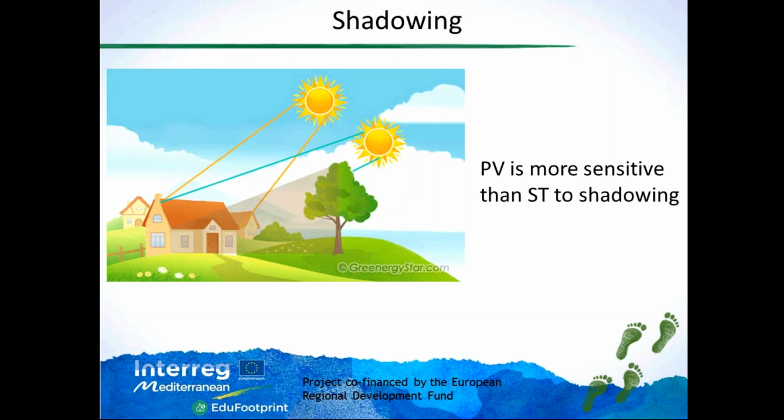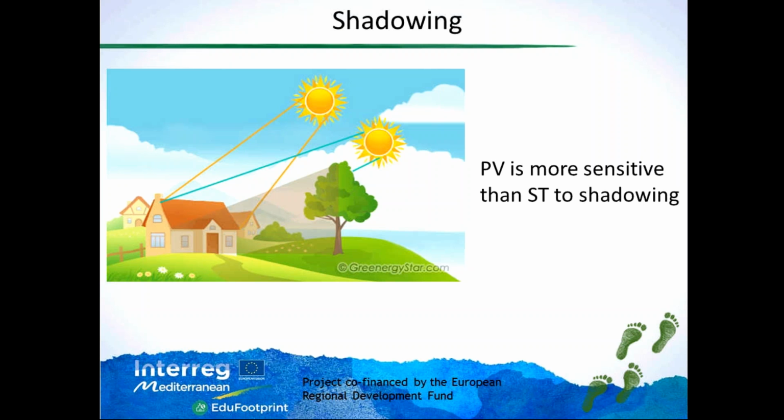And then we have to say a very important thing, which is the first difference between the technologies we are analyzing today, photovoltaic and solar thermal: photovoltaic, PV, is more sensitive than ST, solar thermal, to shadowing.